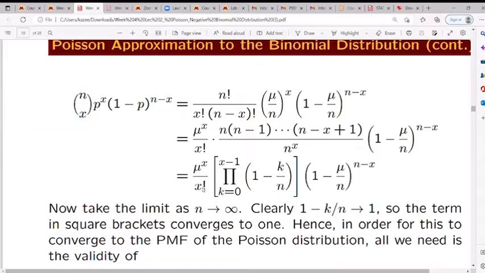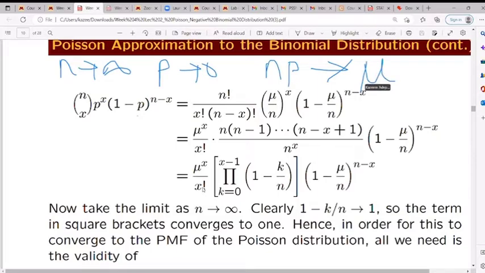That's exactly what we're trying to show here. Don't forget, when n tends to infinity and P tends to 0, NP in binomial, don't forget, in binomial distribution, the expected value of S is NP. NP is going to tend to mu.